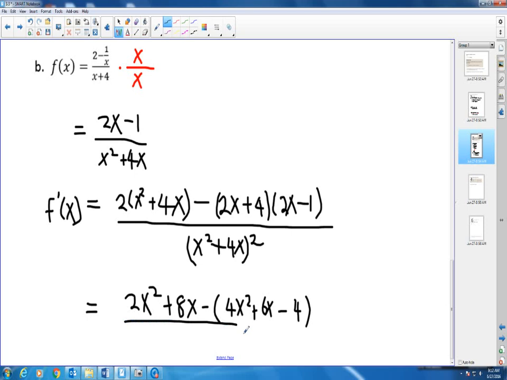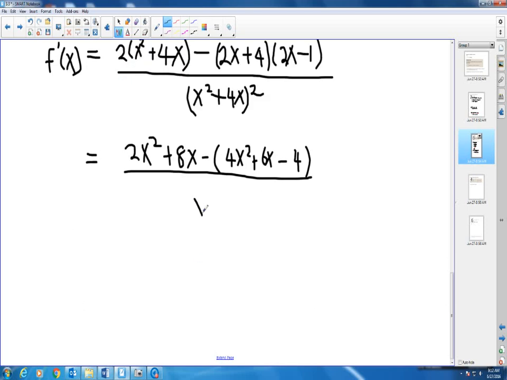Alright, whole thing over the denominator squared. And I'm just going to subtract up here just by looking at it. 2x squared minus 4x squared is negative 2x squared. Ax minus 6x is positive 2x.